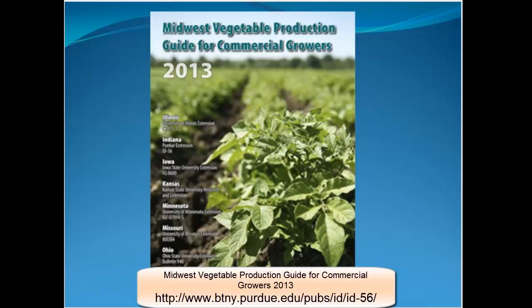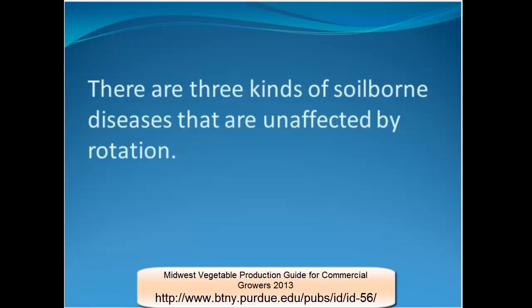This is the publication that was referred to in terms of talking about crop rotation and its benefit. This is the Midwest Vegetable Production Guide for Commercial Growers. And in it, it talks about this phenomenon of there are 3 kinds of soil-borne diseases that are very little impacted or unaffected by crop rotation.